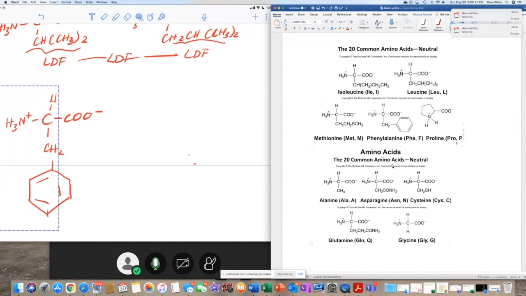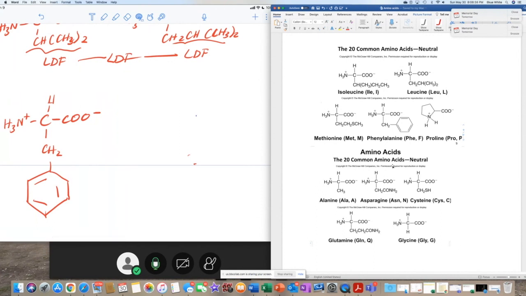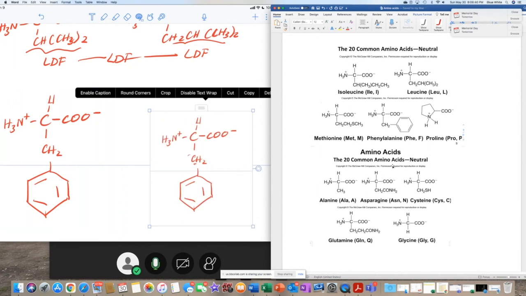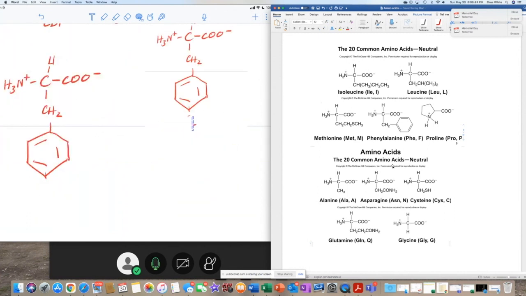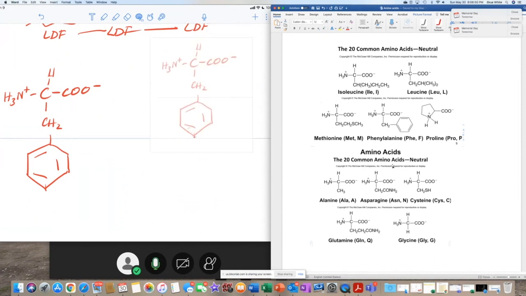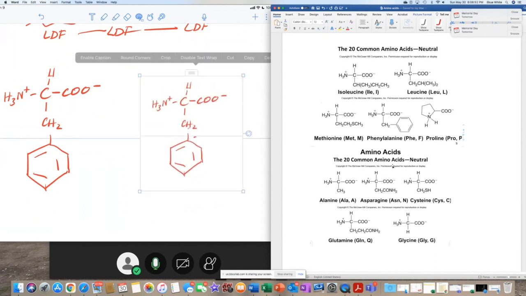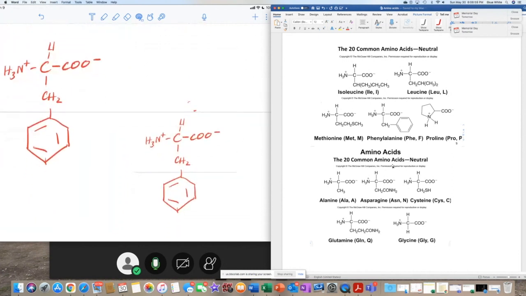I could have sworn I copied this structure and put it down. Copy, paste. But I feel like when my pen moves, it moves. Yeah, see that? I just saw it do that. Okay, stay here. Oh, this is what it does. That's weird. Okay, maybe I need to move it down.